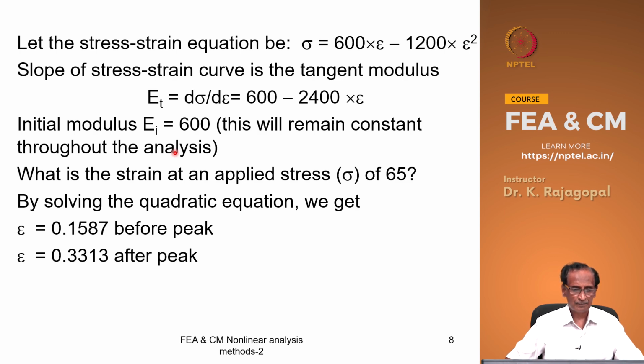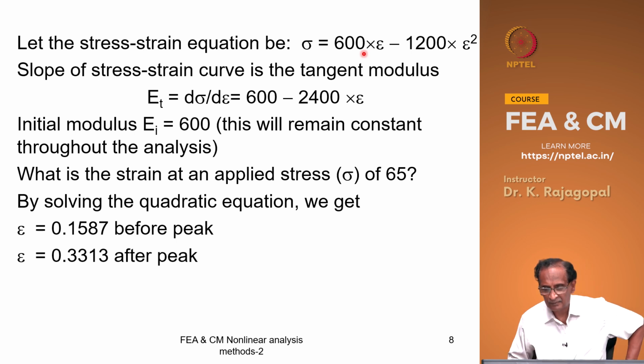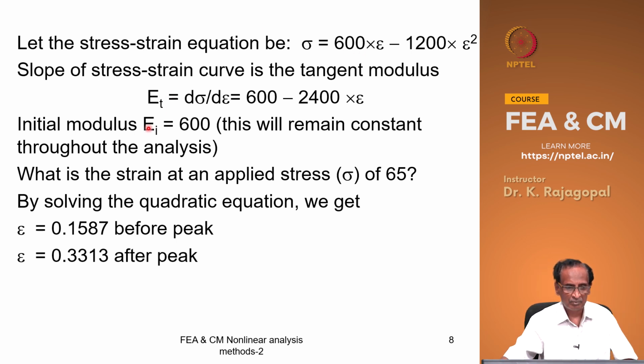And yesterday I showed you one small example of a nonlinear equation. Sigma is 600 epsilon minus 1200 epsilon square, and in this case our tangent modulus Et is d sigma by d epsilon. It is a one dimensional problem just for hand calculation, so that we can illustrate the procedures more easily.